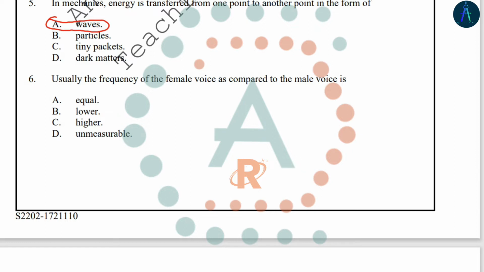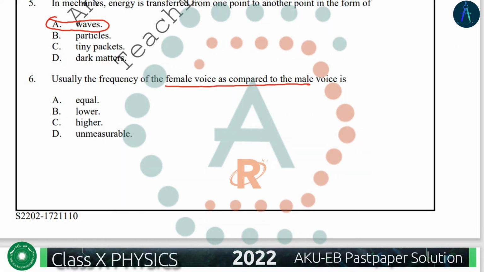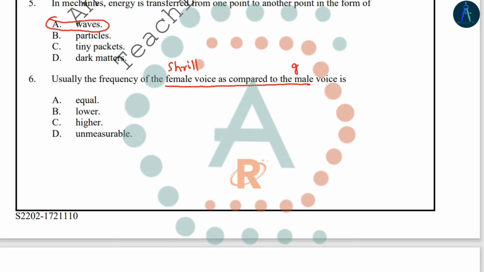Usually the frequency of the female voice as compared to the male voice is of high frequency. Female voices are considered to be shrill voices, while male voices are considered as grave sound.